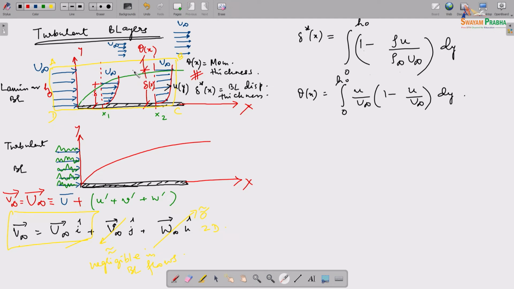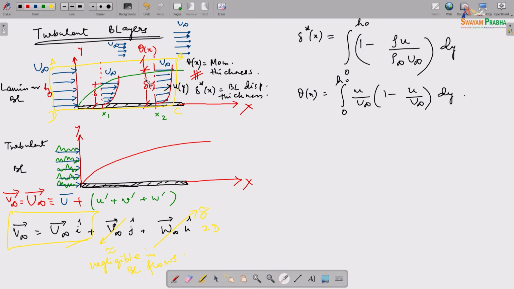I go till the velocity, which was 0 at the wall, at the plate, increases slowly, and finally I reach the free stream, where I am getting back the full free stream, which is u infinity. Otherwise, it is 0 at the wall, and it is less than u infinity in between, within delta.